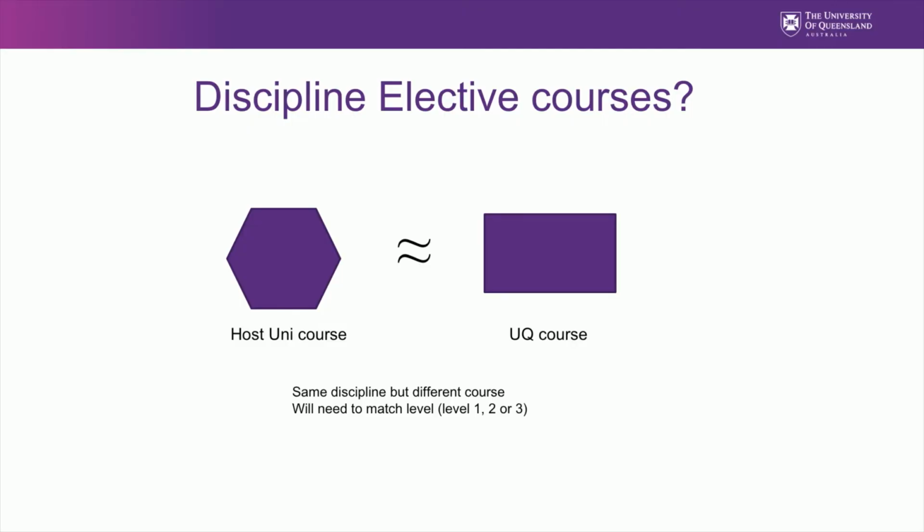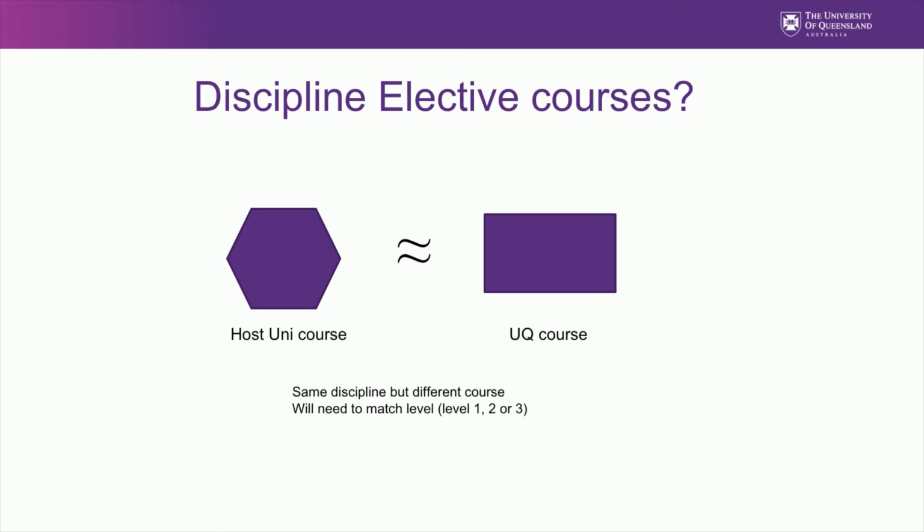If you don't have any more room for general electives in your UQ program, then hopefully you will still have some discipline electives left to complete. Discipline electives don't allow you as much flexibility as general electives, but they're still good to use for a global experience. If you want credit for a discipline elective from a global experience, then you will need to find host university courses that are in a similar field of study to your UQ discipline, major or minor, but the host university courses do not have to match any specific UQ courses.